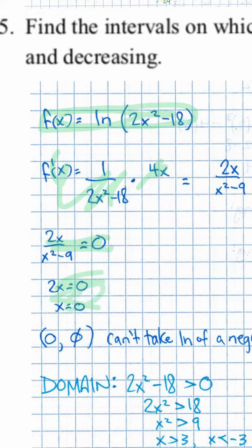And it's equal to 0 when x is 0. Plug 0 back into the original function, and oh, we can't take the log of a negative number. So I need to go back and take a look at the domain of this thing. That 2x squared minus 18 has to be positive, or the function doesn't even exist there.